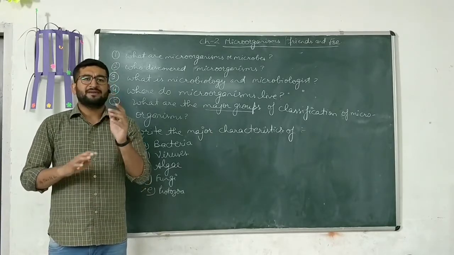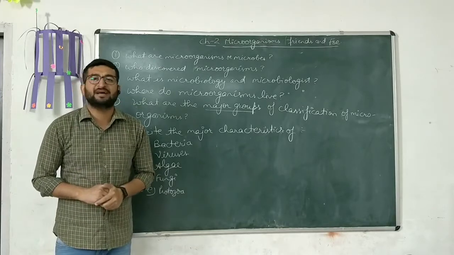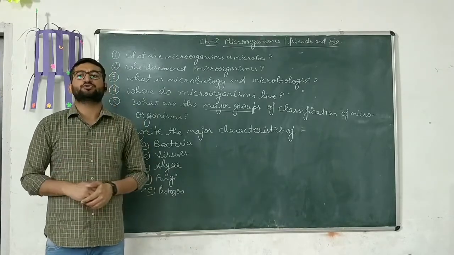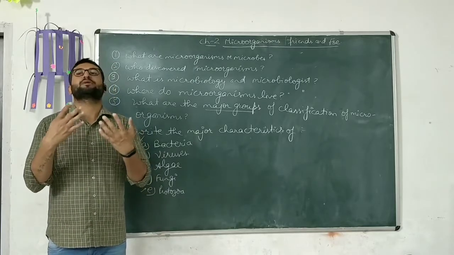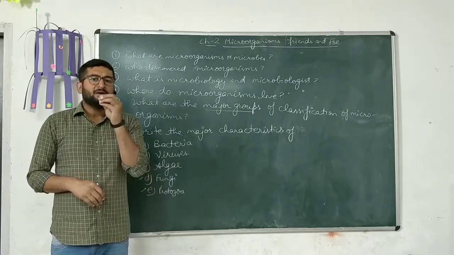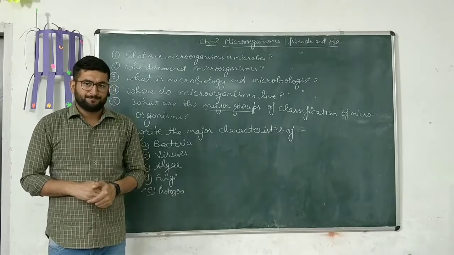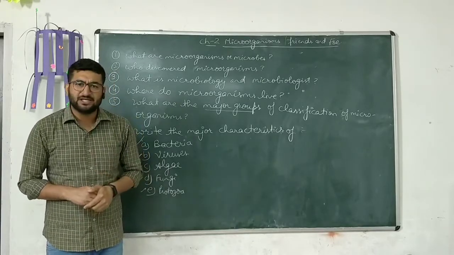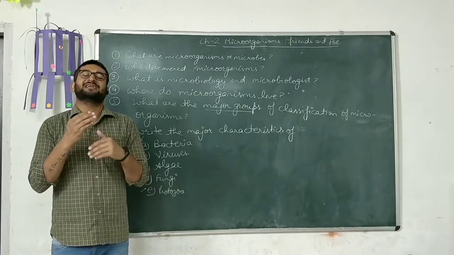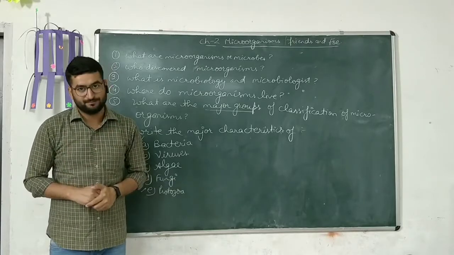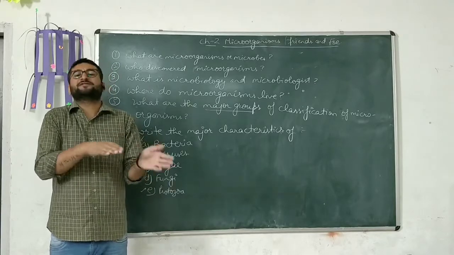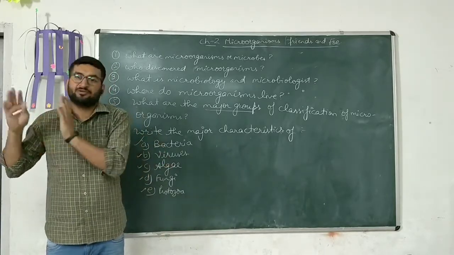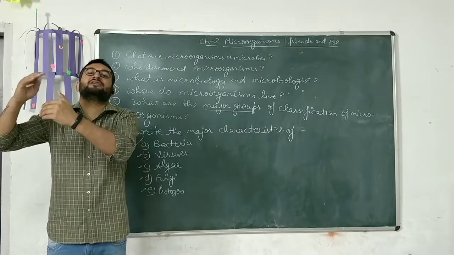One more very interesting thing about Euglena is that Euglena shows a mixotrophic mode of nutrition. What is a mixotrophic mode of nutrition? Euglena contains chlorophyll. In the presence of sunlight, Euglena can prepare its own food. Whereas in the absence of sunlight, it shifts its nutrition towards a parasitic mode, that is it lives on the body of another living organism.